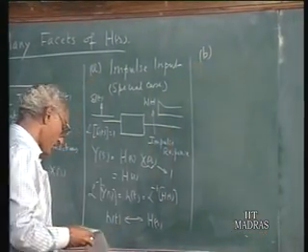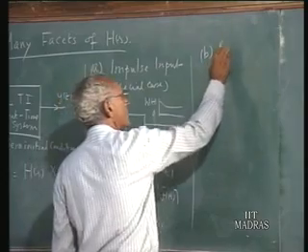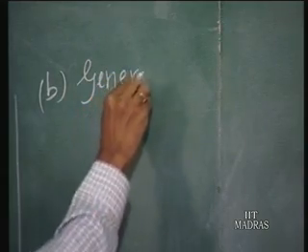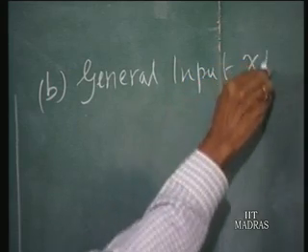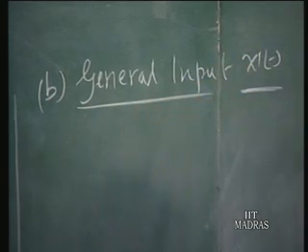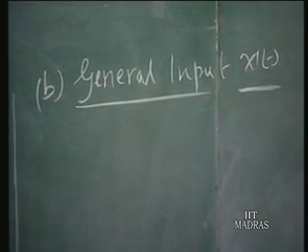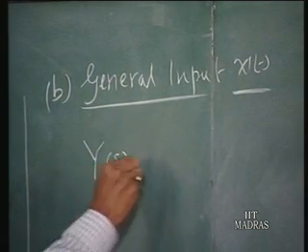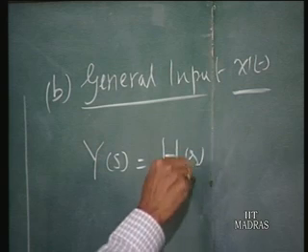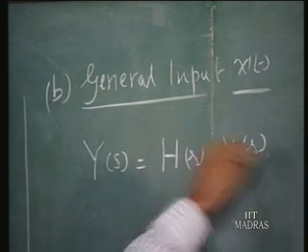Now using this information, the general solution in time domain. Suppose you are having a general input x of t, and you want to find out the output in time domain. We know that y of s equals h of s times x of s.